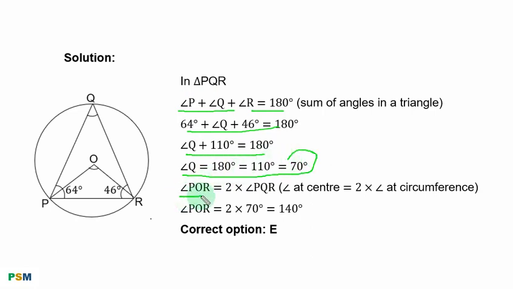Angle POR is equal to 2 times angle PQR. You have the reason. Therefore, angle POR is equal to 2 times 70 degrees, and that is 140 degrees. The correct option is E.